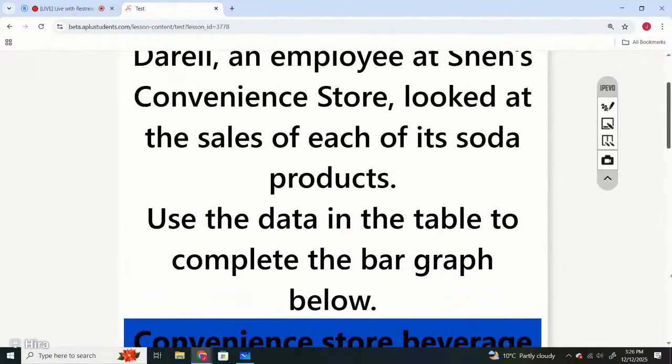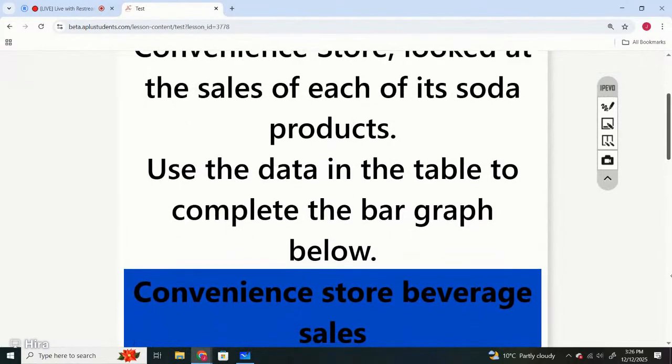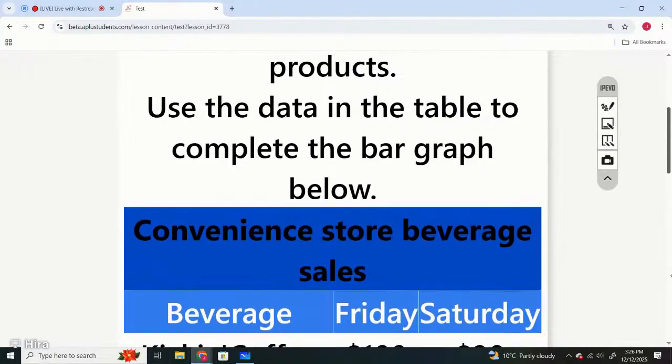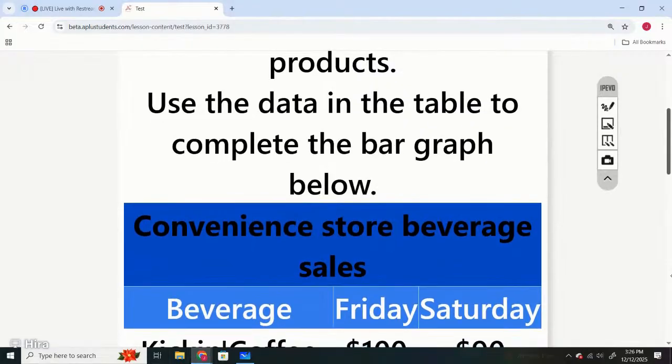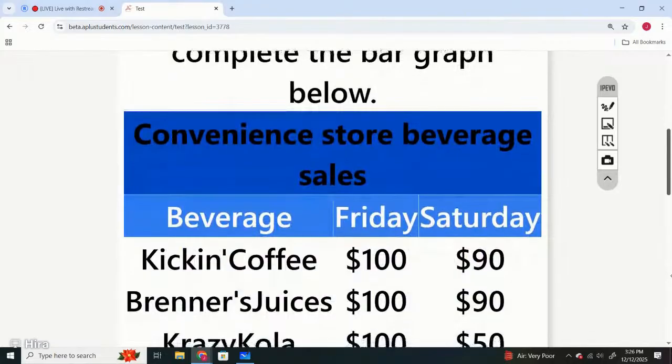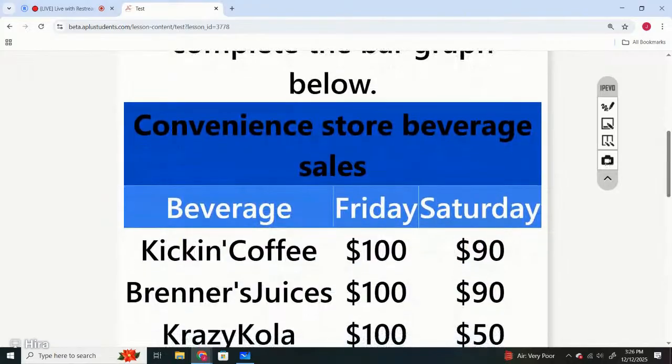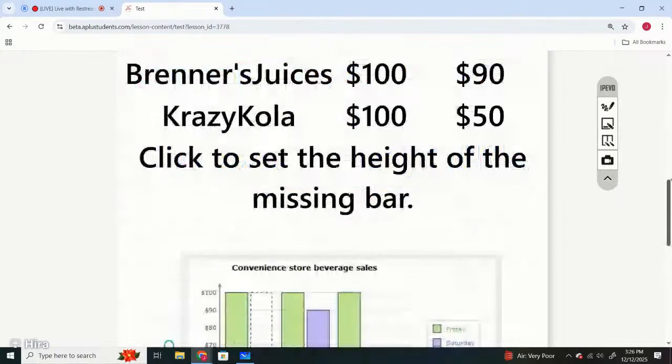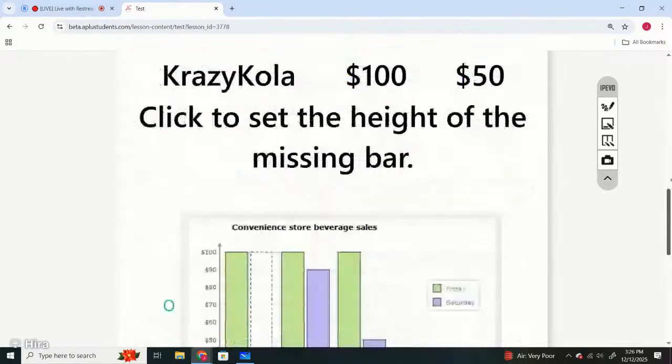Daryl, an employee at Shen's convenience store, looked at the sales of each of its soda products. Use the data in the table to complete the bar graph below. Convenience store beverage sales. Click to set the height of the missing bar.